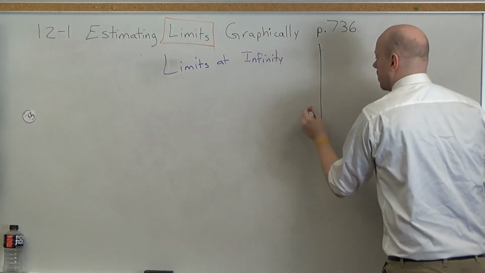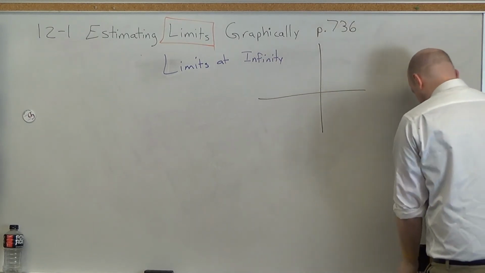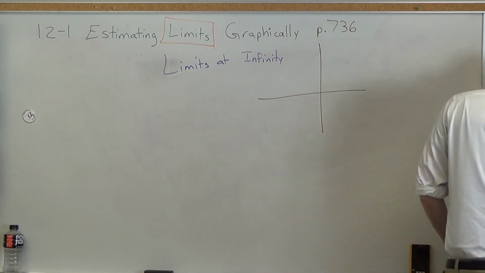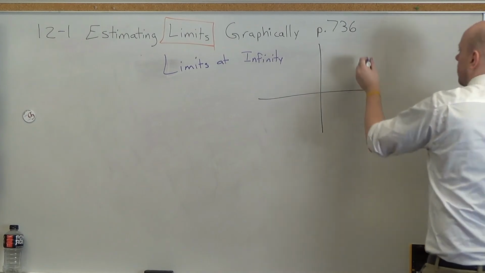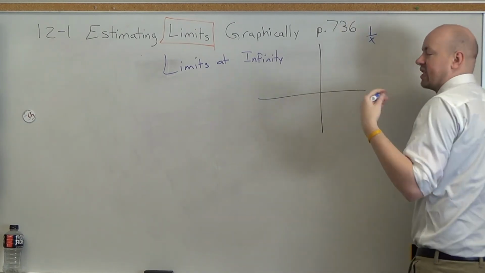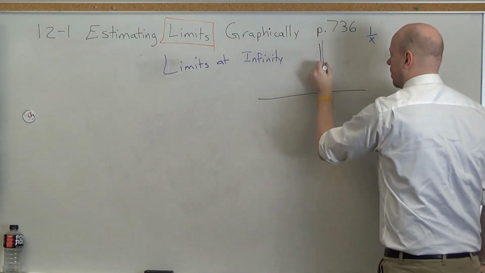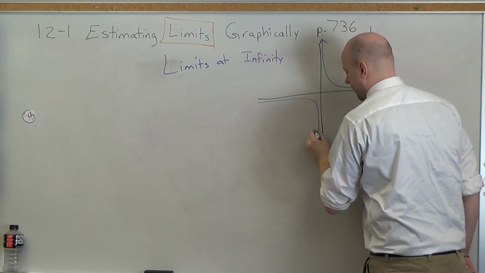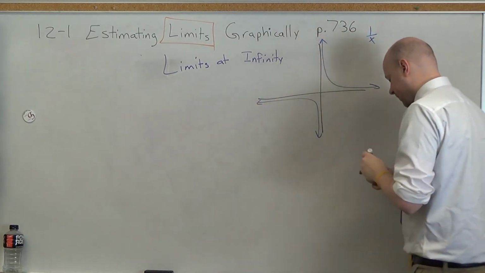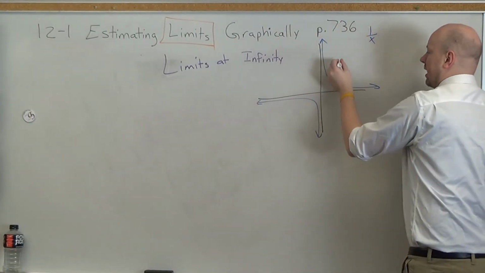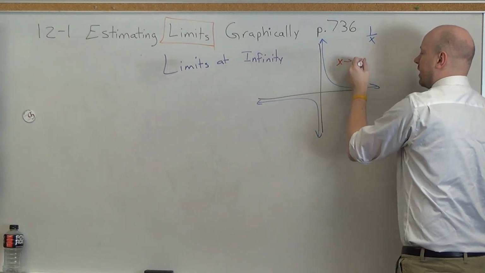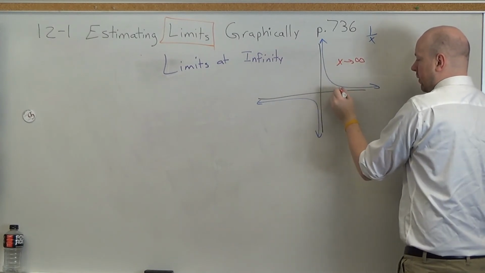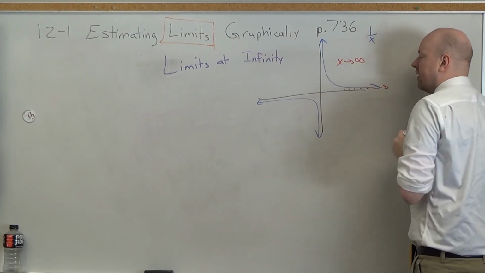So if I have a graph, let's say for the sake of argument, 1 over x, because that's what we're going to use for our example. Okay. This one looks like this. Very classic limit. When I'm talking about limits at infinity, it would be something like as x approaches infinity. So for example, what pattern's happening as we go this way?